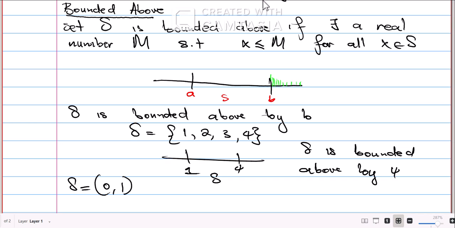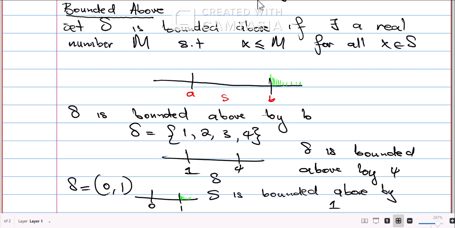So then the other example, which was 0 and 1. So here, sorry, we have 0 and 1. So here there is 1 and there are many upper bounds, but we will consider 1. So we say S is bounded above by 1.